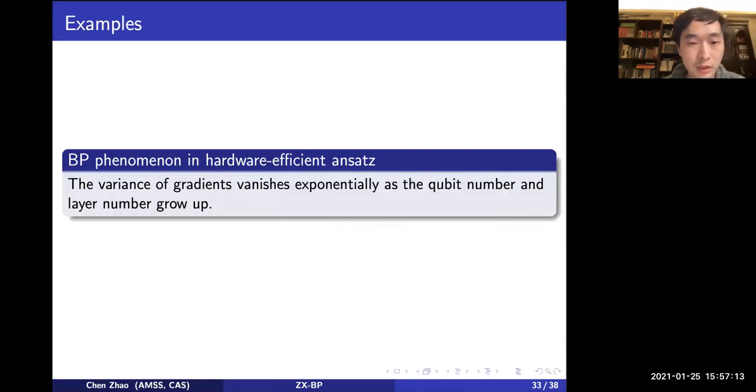So there is this barren plateaus phenomenon in the hardware efficient ansatz, that the variance of the gradient vanishes exponentially as the qubit number and the layer number grow.